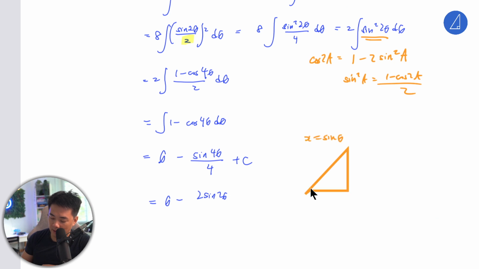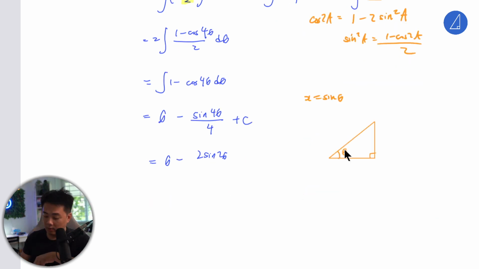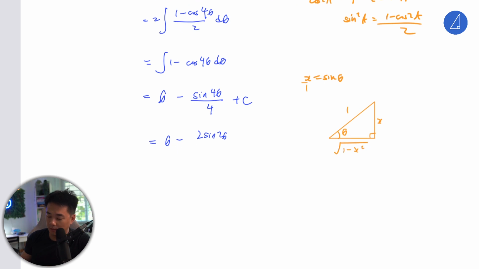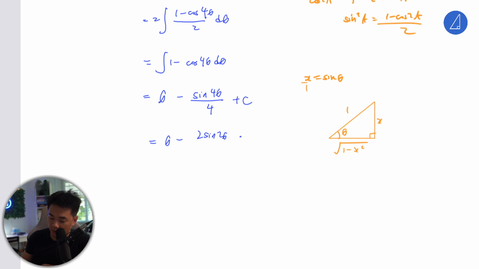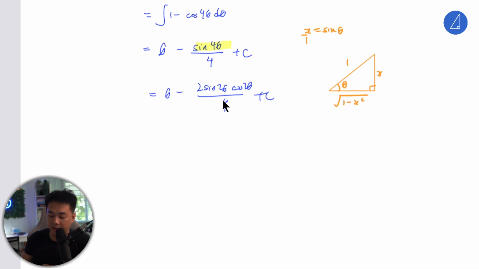We need to change it back to x. Okay. So this will be opposite over adjacent. So square root of 1 minus x square. Okay, so in this case, I need to change it, so I'll show you. This guy would be sine 4 theta, just the double angle, cosine 2 theta over 4 plus c. Then I'm going to double angle again.